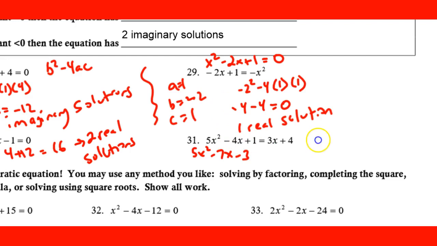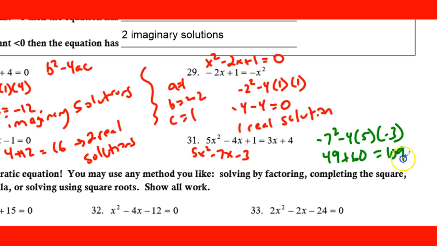So you have negative 7 squared minus 4 times a times c. That's 49 minus 20 times -3, so negative 20 times negative 3 is plus 60. When you do that, you get 109. That's greater than 0, so you have two real solutions.